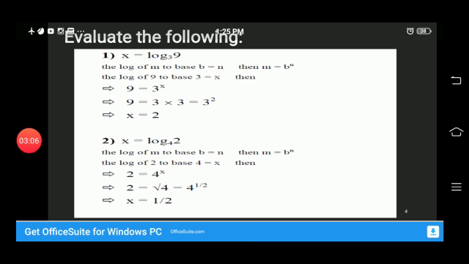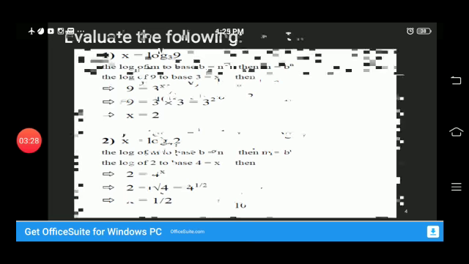Let's see that 2 is equal to under root 4. Under root 4 is 2, so it means 4 raised to power 1 over 2 is 2. So x is replaced by 1 over 2. The value of x is 1 over 2.